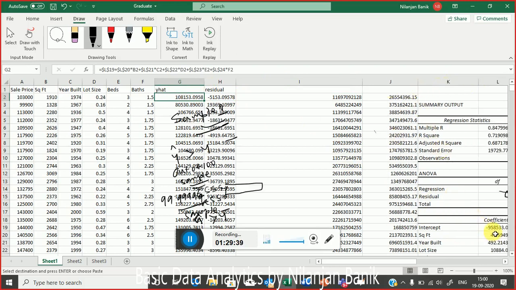Intercept is this one, minus 958533, plus 41 times this one square feet plus 492 times year build plus beta 1 x1 beta 2 x2, exactly beta 1 x1 beta 2 x2 beta 3 x3 beta 4 x4 beta 5 x5 करके I get the first value. Likewise I get the second value, third value, so on and so forth.